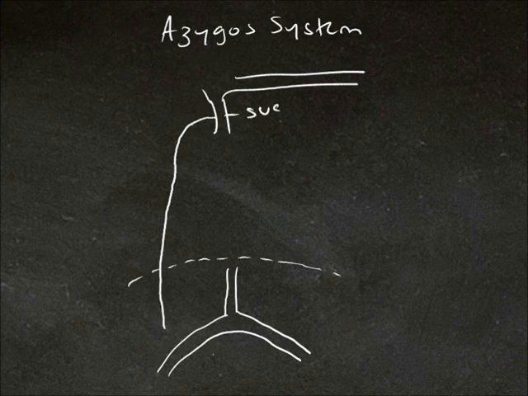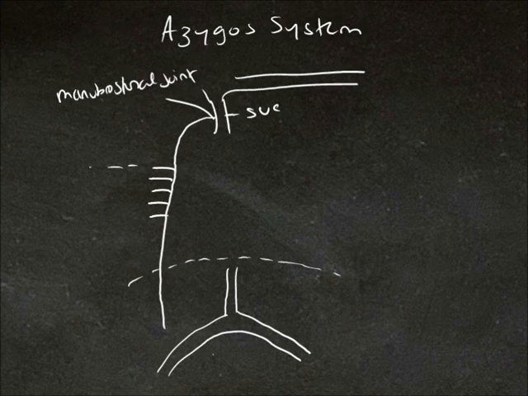We have our azygos vein coming into the superior vena cava at the manubrosternal joint. Then coming off the azygos vein, we have the posterior intercostal veins.